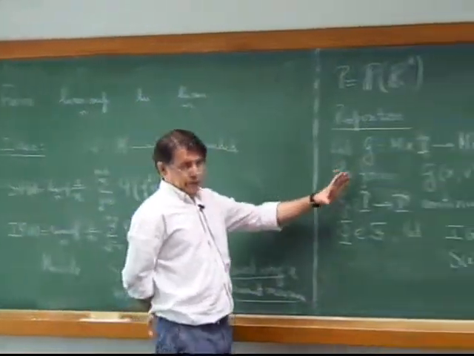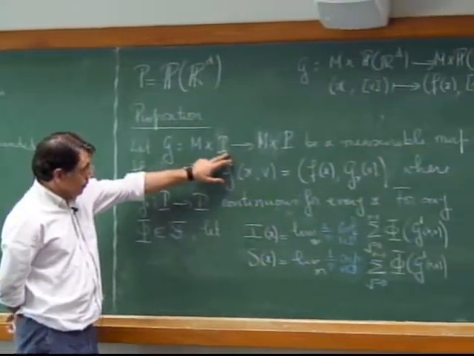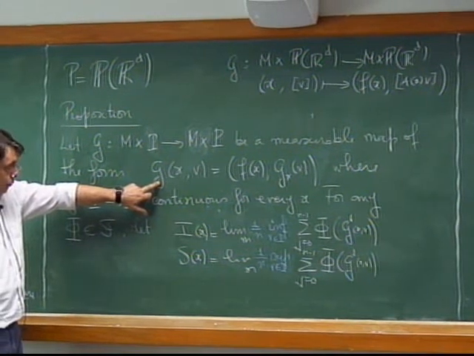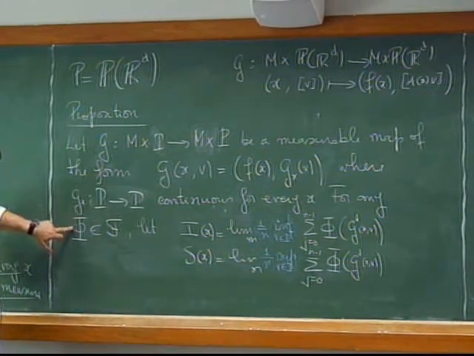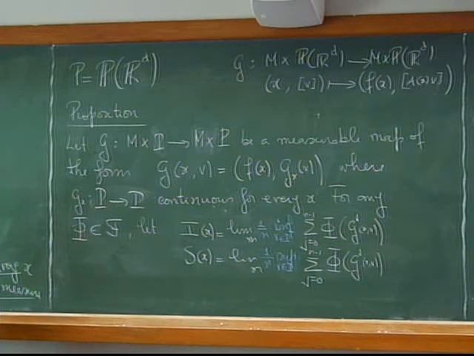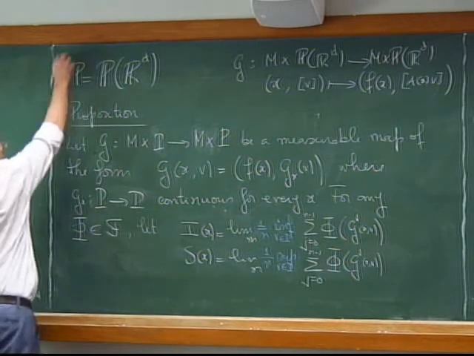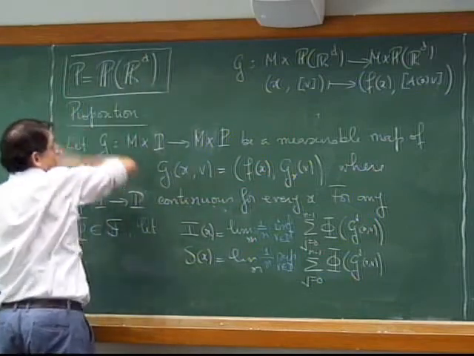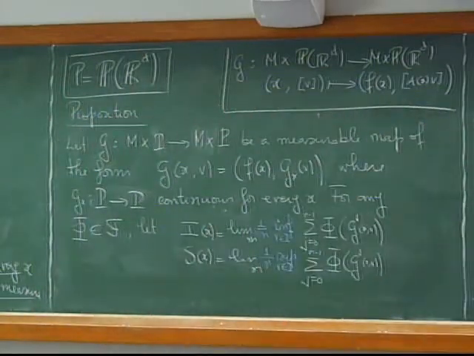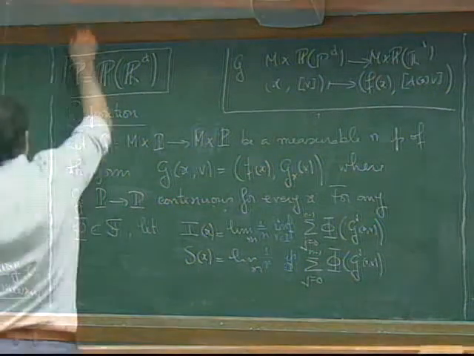This is an abstract statement: P is any compact metric space, G is any skew product, and phi is any function. I still didn't say what F is, but this is the P we are interested in. This is the G we are interested in, and the phi we are interested in is the following function.